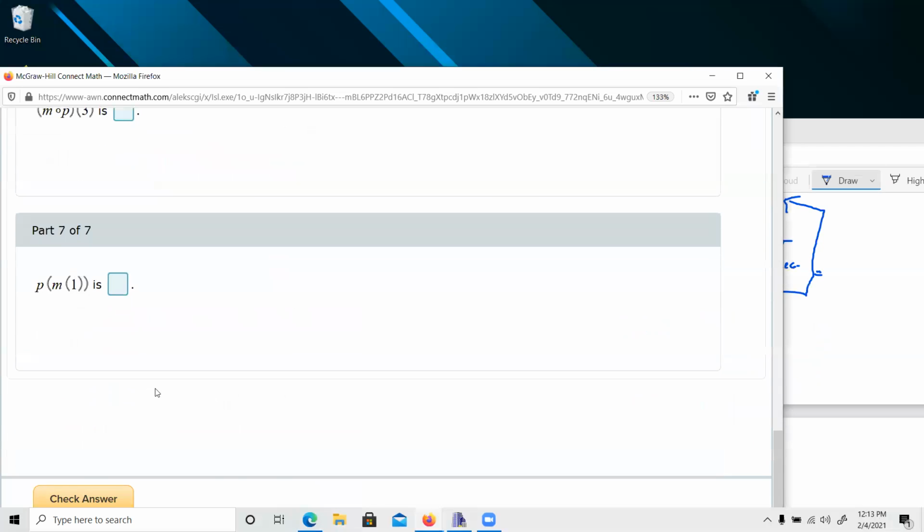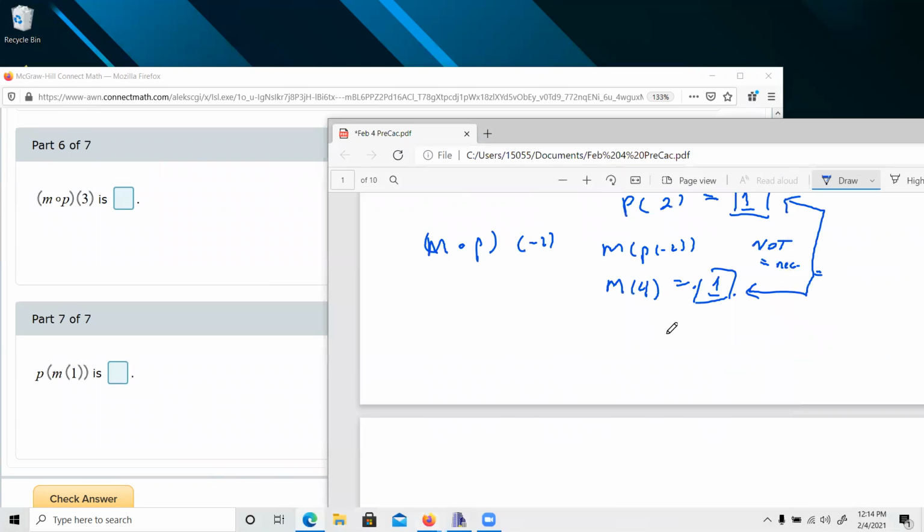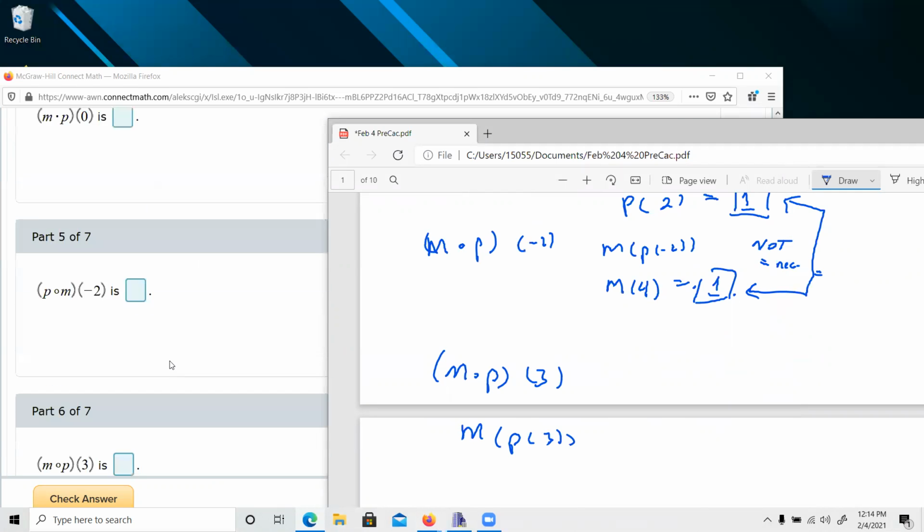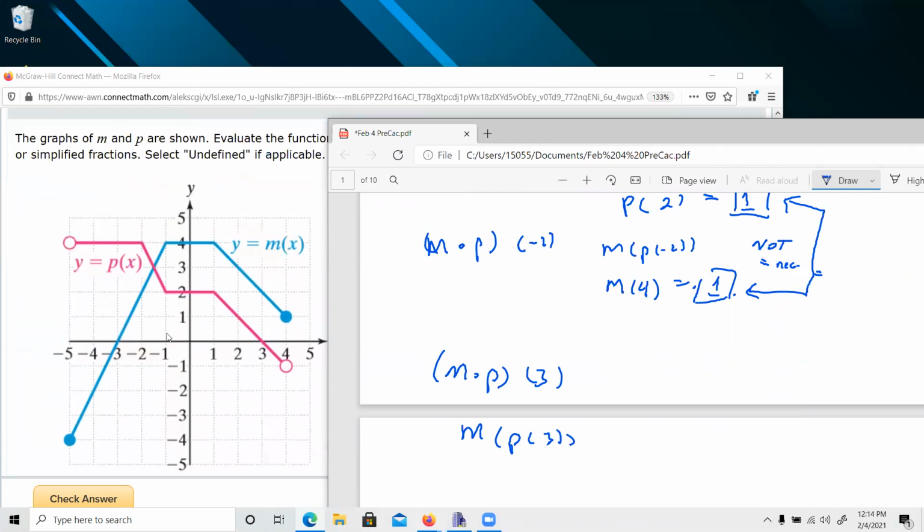Now we want M of P of 3. So we do M of P of 3. Love it when people write a problem where if they do it wrong, you still get the right answer. I'm like, don't do that.